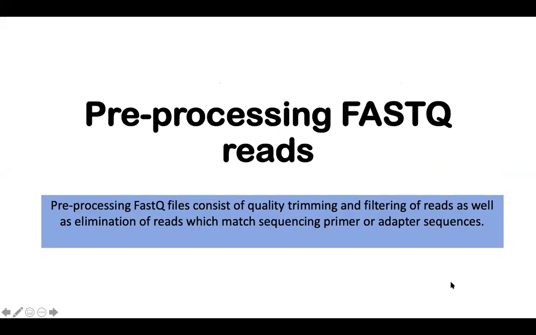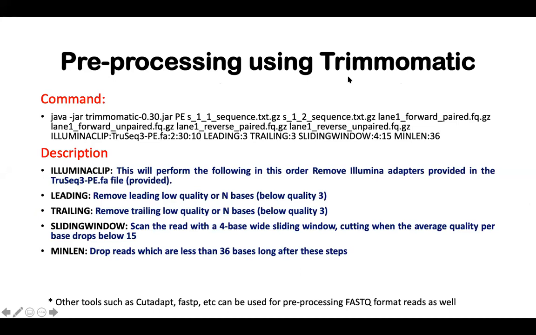One of the most widely used software is called Trimmomatic. There are also others called Cutadapt, fastp, others which can help you do the same thing. This is just to show you what a command from Trimmomatic looks like. You don't have to memorize these commands.